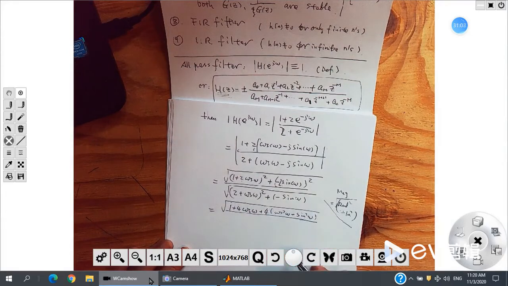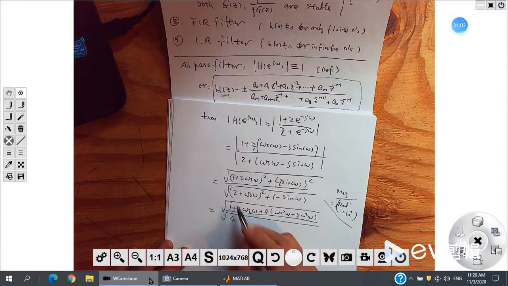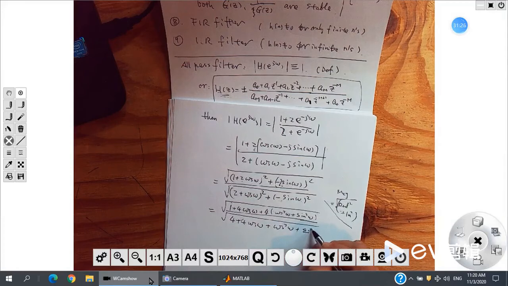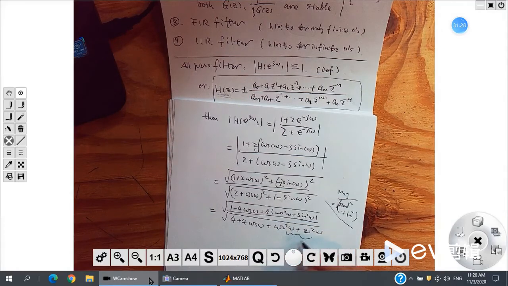It's the numerator. The denominator will be 4 plus 4 cosine omega plus the square of this, and here I need cosine square, this is sine square, right? Okay, so this part is 1.